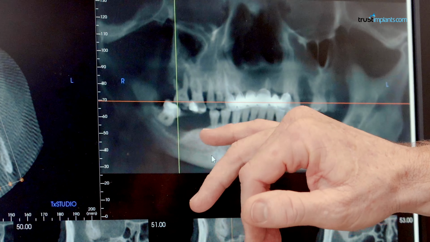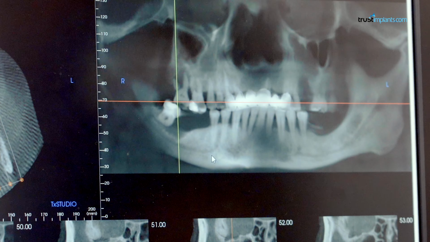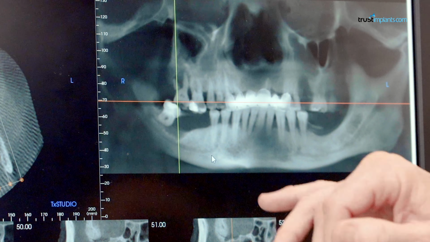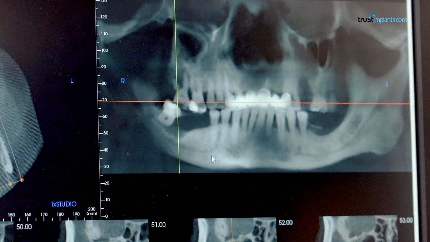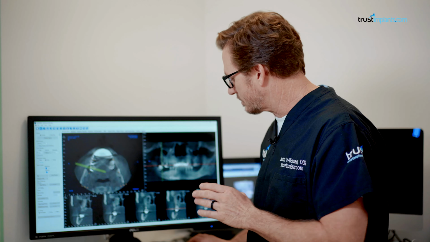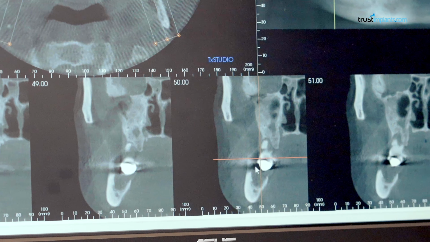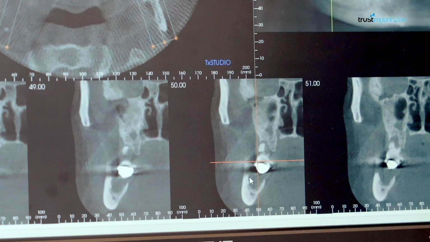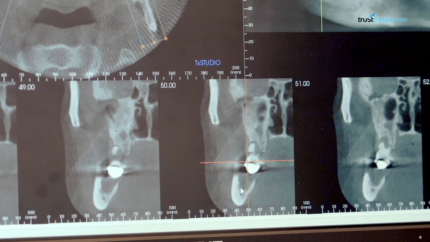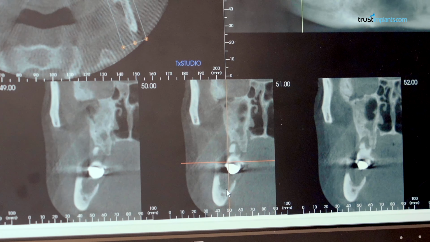And in this case, it's really done a number on his mandible, or his lower jaw. We've lost a lot of bone around that tooth. In fact, if you look at the cross-sectional view here, the bone is completely gone, because that tooth has been struggling for such a long time.